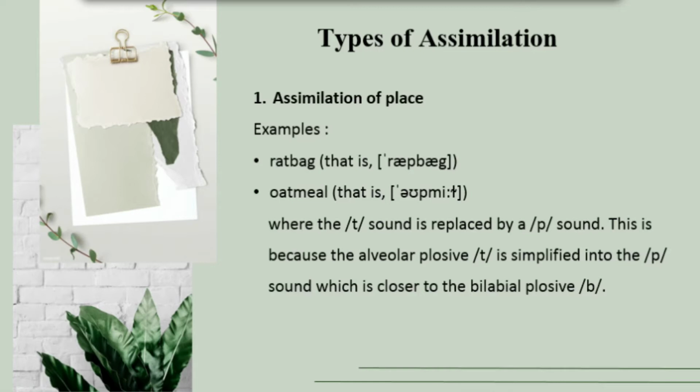This is because the alveolar plosive T is simplified into the P sound, which is closer to the bilabial plosive P. So, usually people read redback as redback, so is in fast speaking, and then oatmeal becomes oatmeal. So we just replace the T sound with P sounds, breadbag and oatmeal.